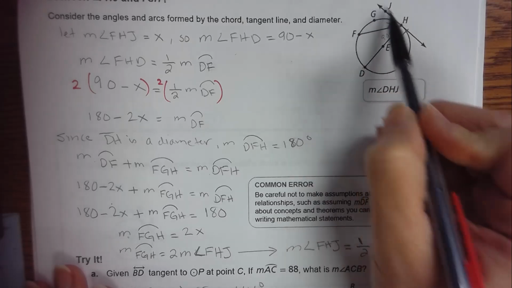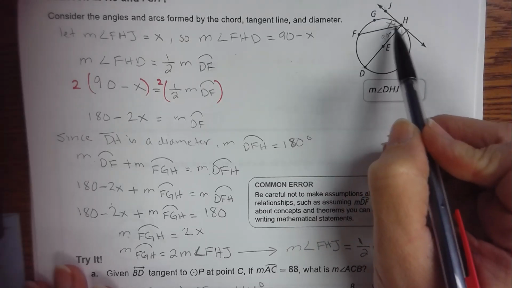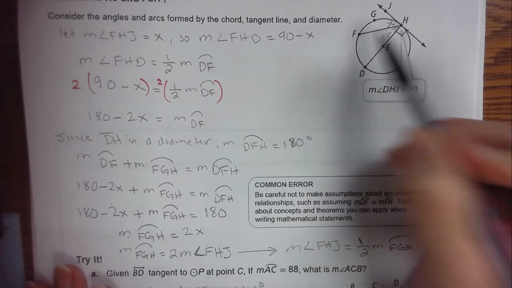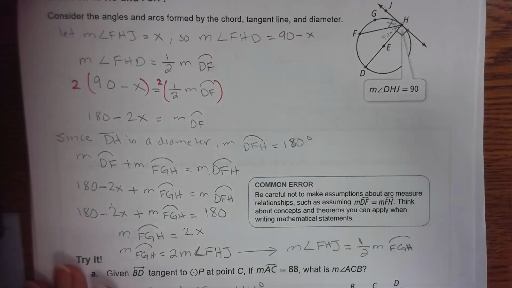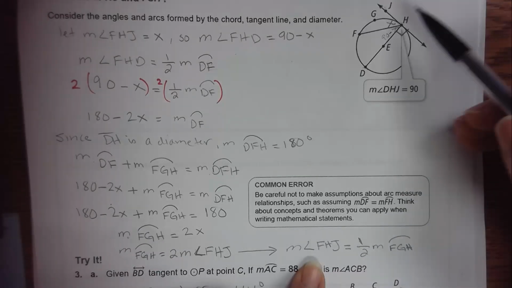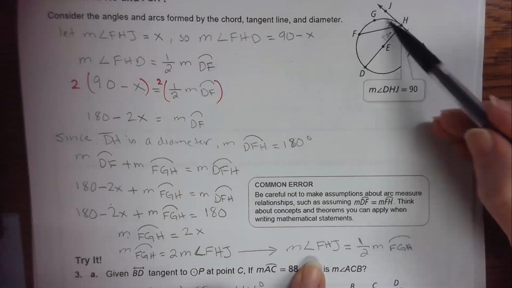So the angle is a tangent line and a chord. It's still half of that arc. Okay, and that's why it works. So you can pause the video and look at my explanation thoroughly. This is nothing you need to recreate on the test, but it shows you why it is derived that the angle is half of that arc.